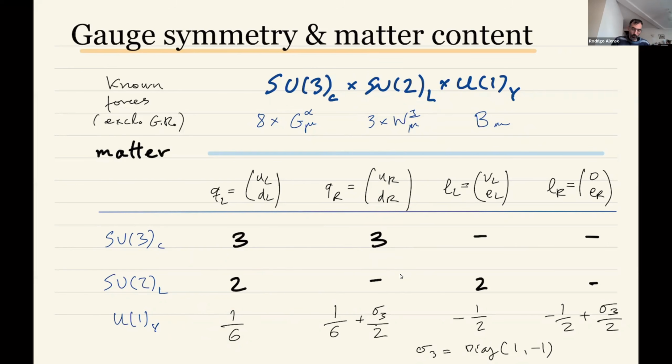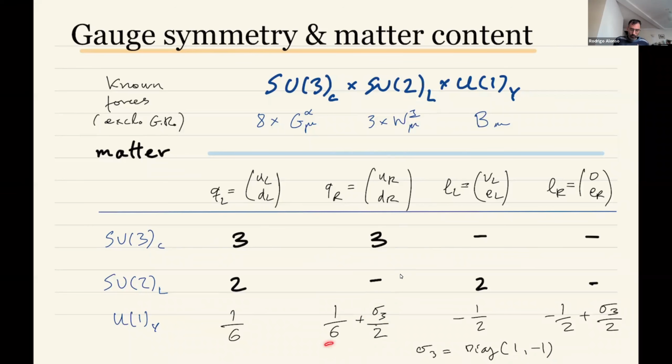And when you write down its hypercharge, you can use this Pauli matrix, which is nothing but the diagonal (1, -1) in 2 dimensions, to note that right-handed up quarks and down-type right-handed quarks have actually different hypercharges.